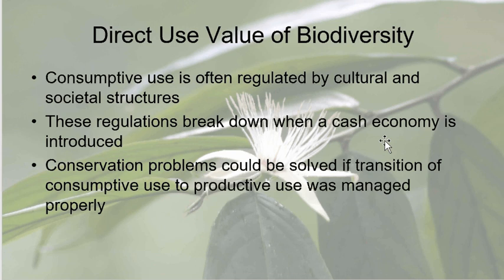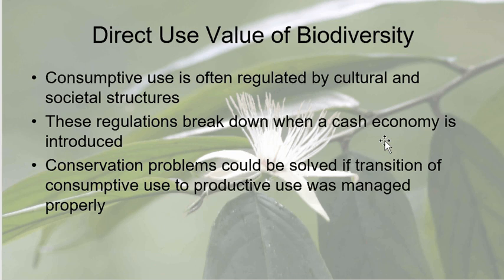As I mentioned in the previous lecture, these cultural and societal structures have often been developed when there has been a shortage of these particular products, and so systems are put in place to alleviate that shortage or to prevent perceived danger in the breakdown of harvesting of that product in a sustainable manner.